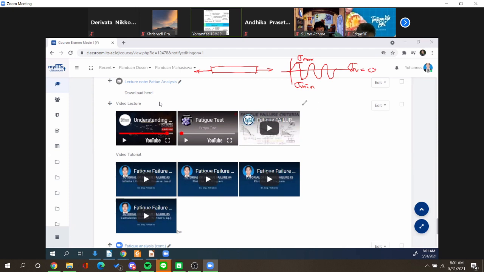Okay. So how about if the same specimen is given a different type of loading? So for example, like this. It has similar amplitude. So the amplitude is equal. But it has different sigma average.